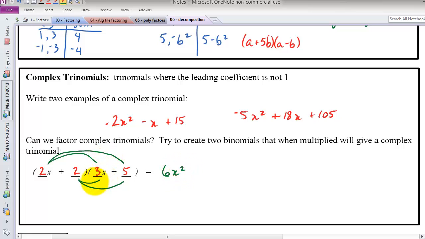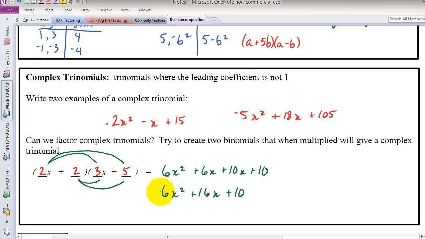Then we have 6x and a 10x, so that's plus 6x plus 10x, plus 2 times 5 is 10. So that's equal to 6x squared plus 16x plus 10.